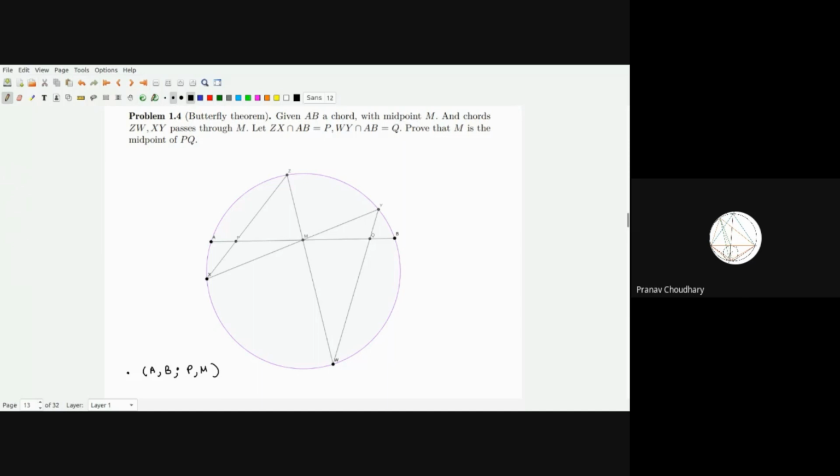We can project at Z, like ABPM goes to ABXW, and then we can project at Y. So ABXW goes to ABMQ. Yeah, exactly. So you basically get ABPM equal to ABMQ.